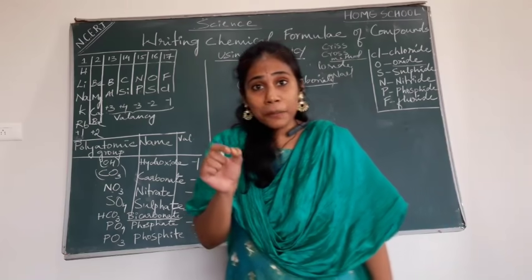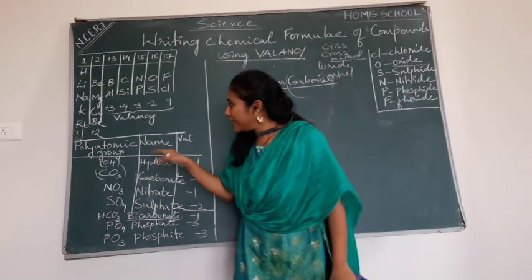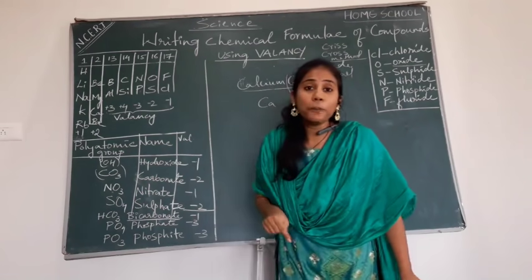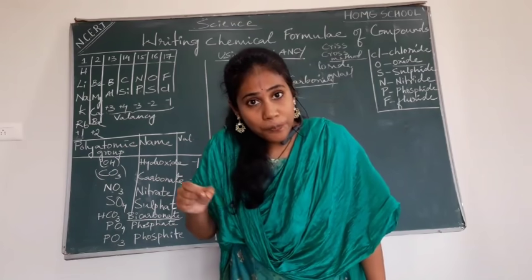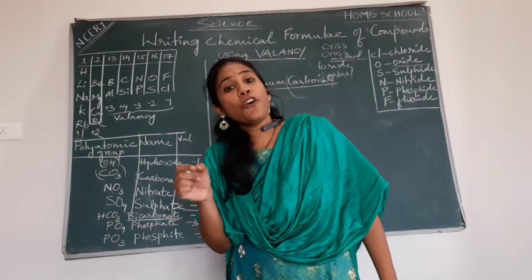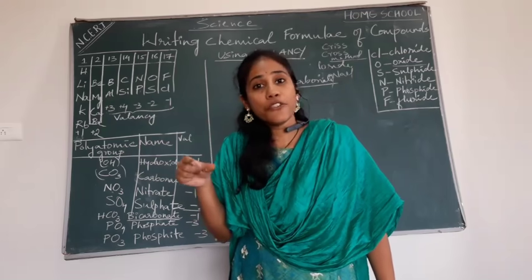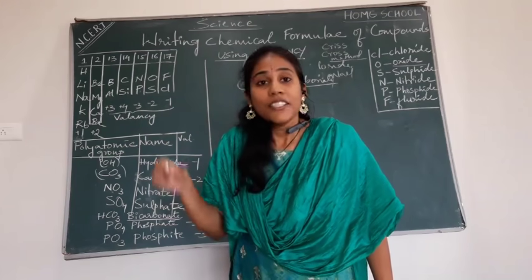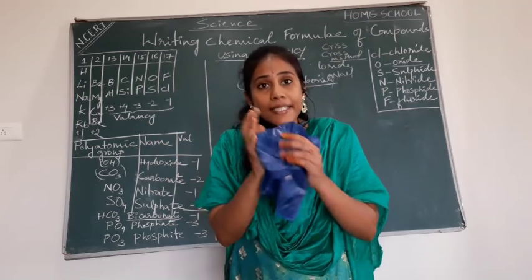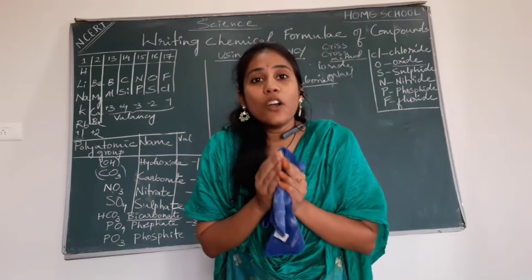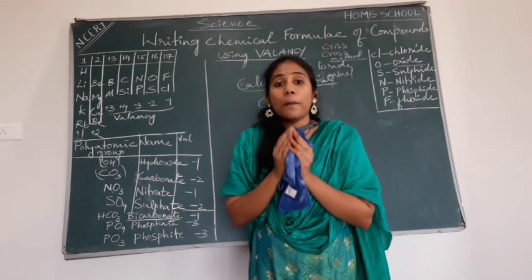Okay, and carbonate is a group, we call it as polyatomic group. It's a very special group. Okay, and how does this group form and more details about this you will study it in higher classes. Just remember, carbonate is a very special group, we will call it as polyatomic group.